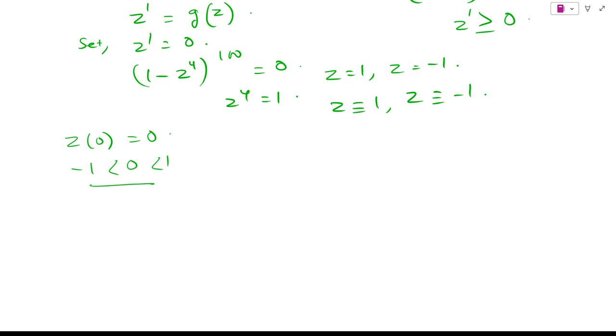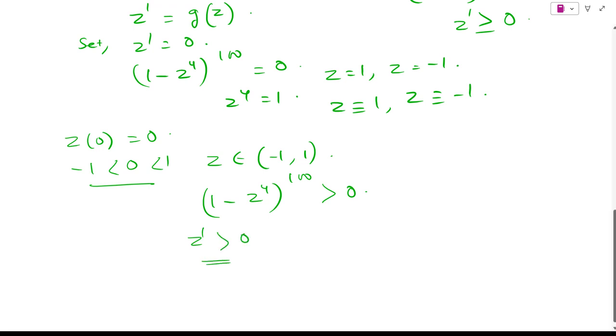We know that for every z belonging to (minus 1, 1), (1 minus z to the power 4) whole to the power 100 is greater than 0, and hence z dash is greater than 0. So the solution strictly increases.